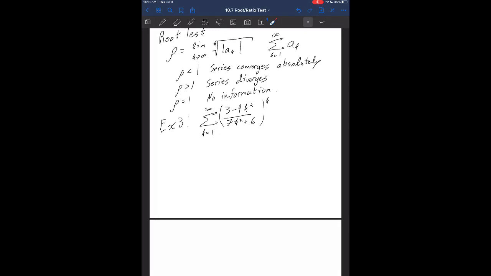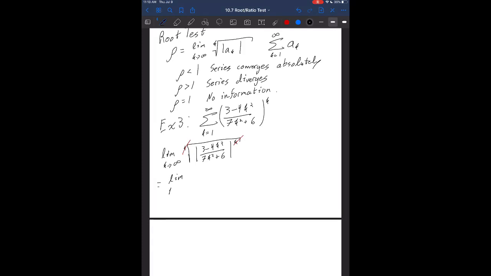We want this k to go away, and so we can just deal with what's on the inside. So we are left, if we're using the root test, with the limit as k goes to infinity of the kth root of the absolute value of (3 minus 4k squared over 7k squared plus 6) raised to the k.